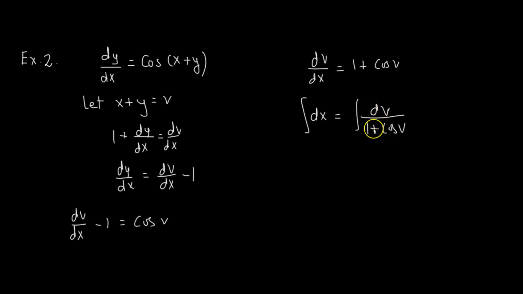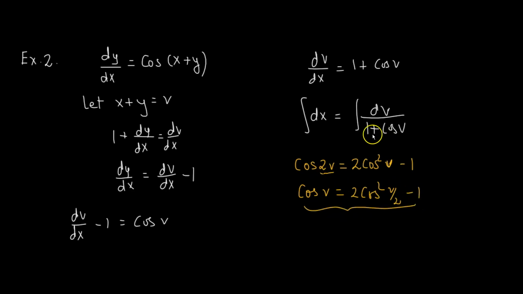But I'll take a different approach now. We'll use the fact that cosine of 2v equals 2 times cosine squared v minus 1, and if we use the half angle formula, cosine v equals 2 times cosine squared v over 2 minus 1.